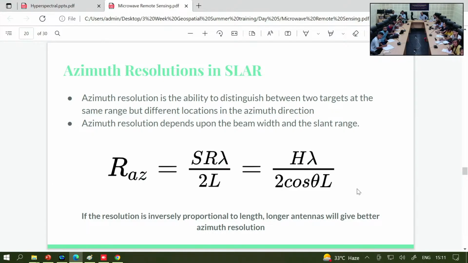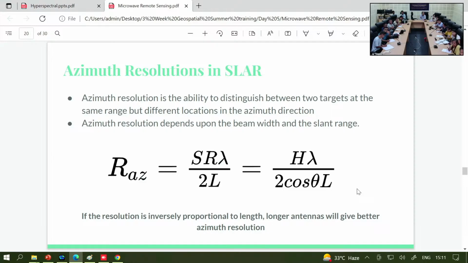So this is where side looking aperture radar and synthetic aperture radar are different. Side looking aperture radar has a fixed antenna length. Synthetic aperture radar tries to improve the length of the antenna by looking at the same location repeatedly. As the flight moves, it continues looking at that location. So the effective length of the antenna is from the first point till the last point, not only the fixed length of the antenna.